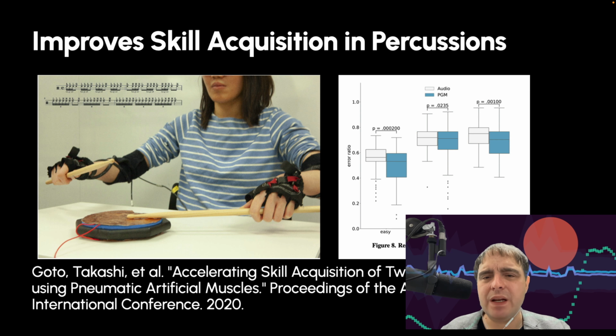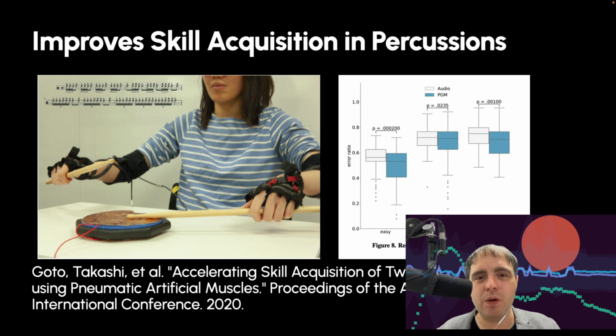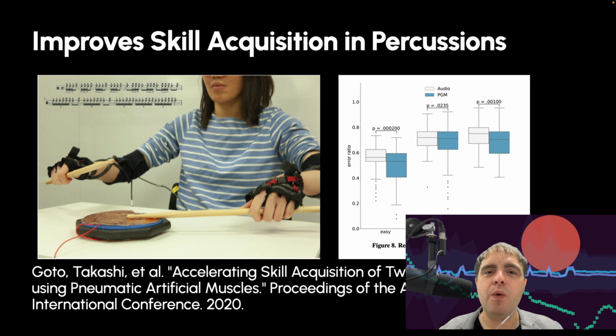And what we tried with this is we wanted to use embodiment principles to get people to hopefully learn faster percussions and two-handed drumming rhythms. How this works is, instead of training the old-fashioned way, with a score or just with an audio file, we play the rhythm on the muscles of the person.